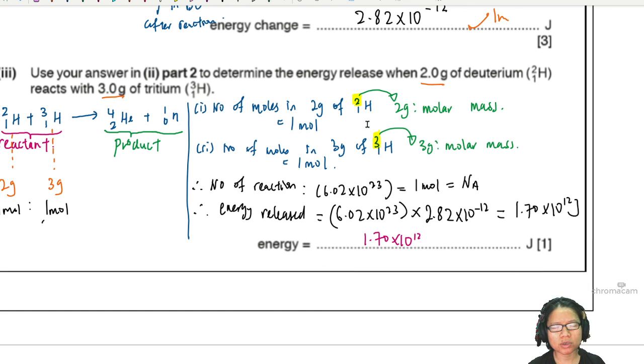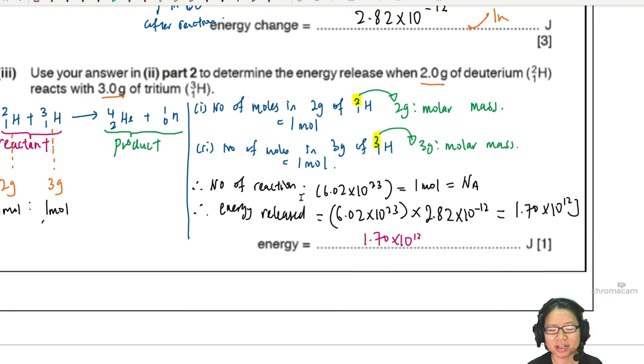All right, so here what we did was, this is for those who don't do chemistry. Okay, whenever you are given a reaction, there are a few things that could limit the number of reactions. For example, maybe I have 2 grams of deuterium and 2 grams of tritium. Meaning I will be limited because this tritium is not 1 mole, it's less than 1 mole. Mole is number of particles. So right now we have the exact right ratio to generate 1 mole worth of reaction.